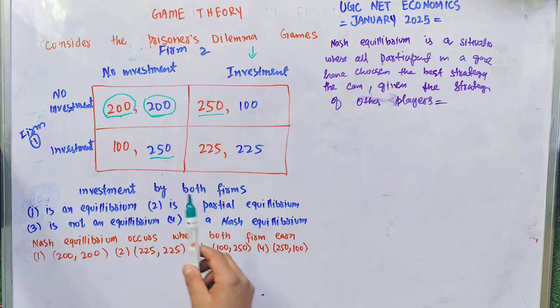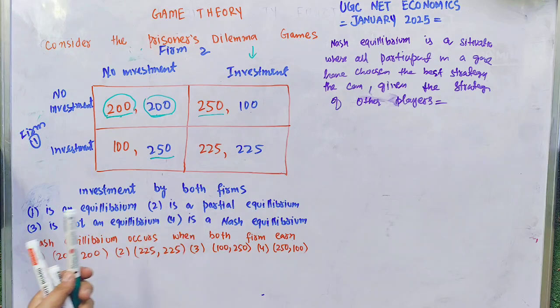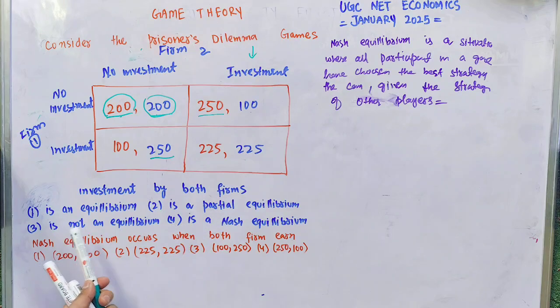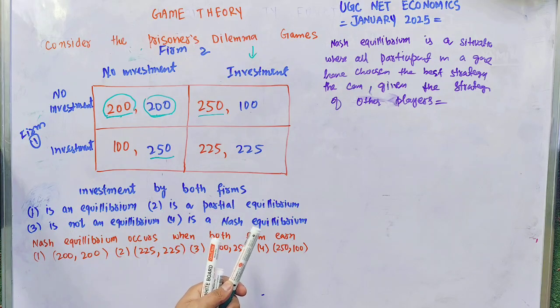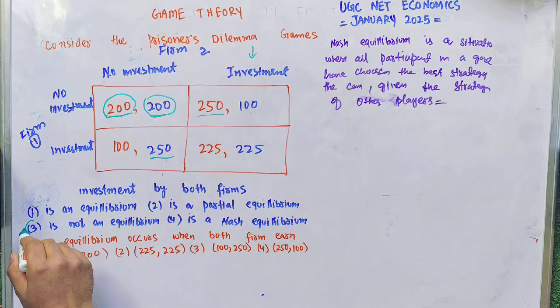Yes, obviously. If both the firms do the investment, is it an equilibrium? No. Is it a partial equilibrium? No. Is it not an equilibrium? Yes. Is it a Nash equilibrium? No, because we have been told even both the firms investment. So the correct option should be the third option.